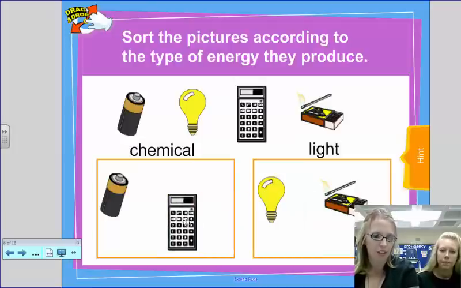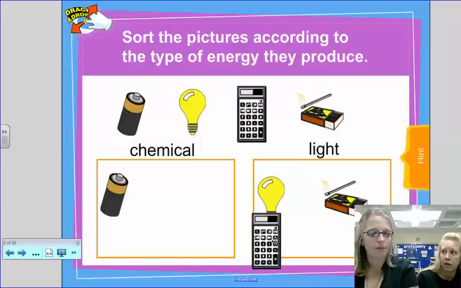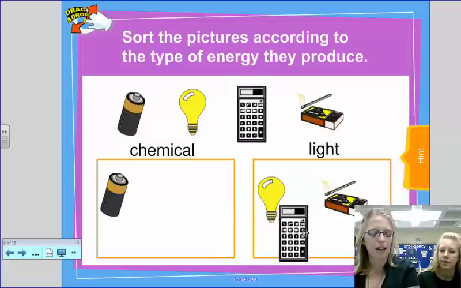Some of them would fall into the chemical, depending on the type of calculator. If you're using a solar-powered calculator, would you count that as chemical? It just produces electrical. It wouldn't be chemical. It needs to have a backlight to be light energy. See, sometimes you need to talk through these things. So say it out loud.